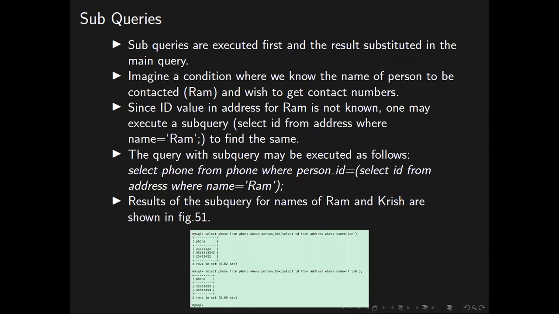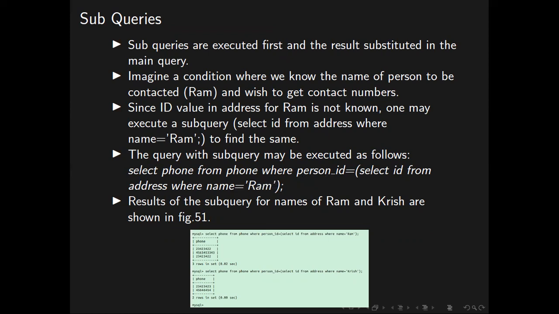Okay, then subquery. That is, you have a large query inside of which there is another query. Select phone from phone where person ID equals select ID from address where name equals wrong. Phone is one table. We are not providing the name here.